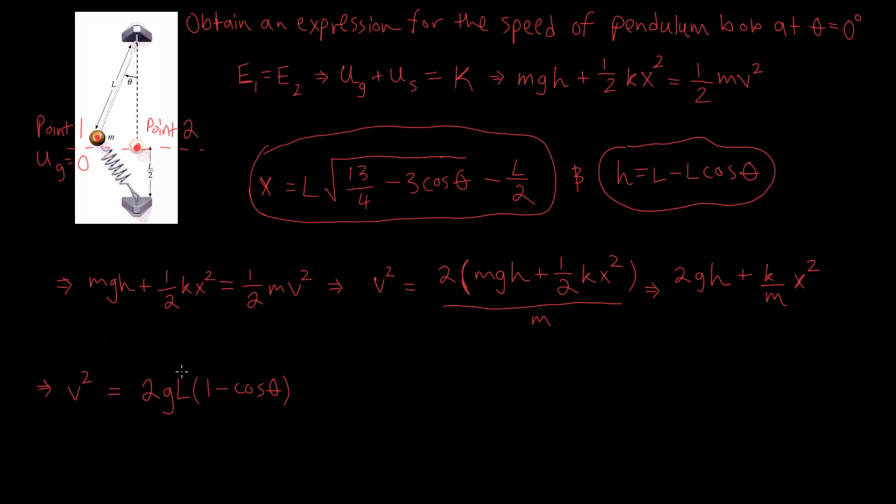And if we wanted to make sure we did this correctly, we could distribute the L back into the parentheses, and we would get our original L minus L cosine theta. So that's how I know I did the factoring correctly.